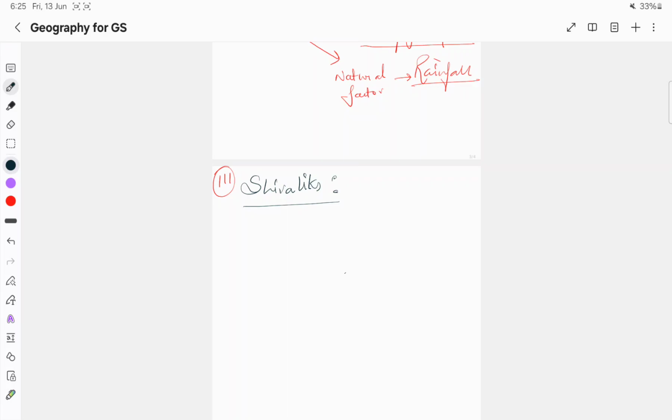The mountains in the northeastern part are known as the extensive mountains or extended Himalayas.